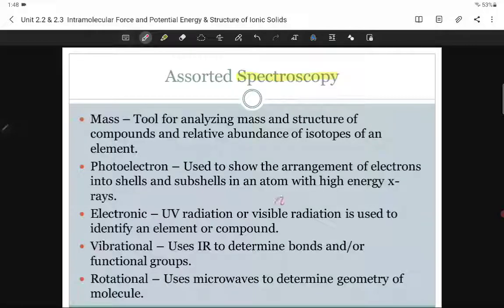We are going to use visible radiation. That's like Roy G. Biv. Red, orange, yellow, green, blue, indigo, violet. You could go into UV radiation. You could go into infrared. You could go into microwaves. What else do we have here? We have X-rays.